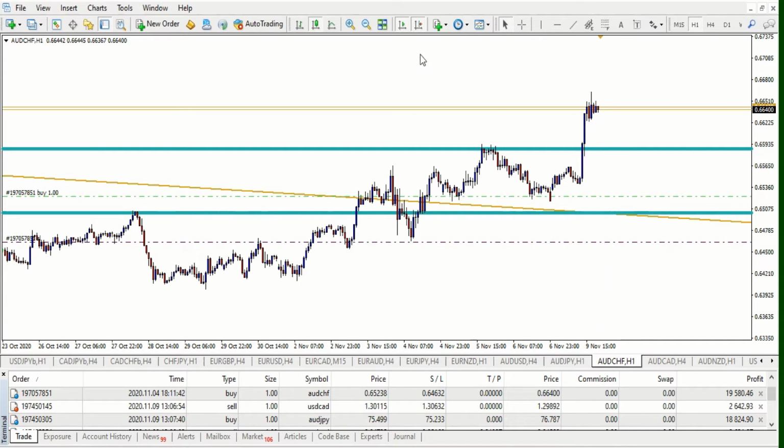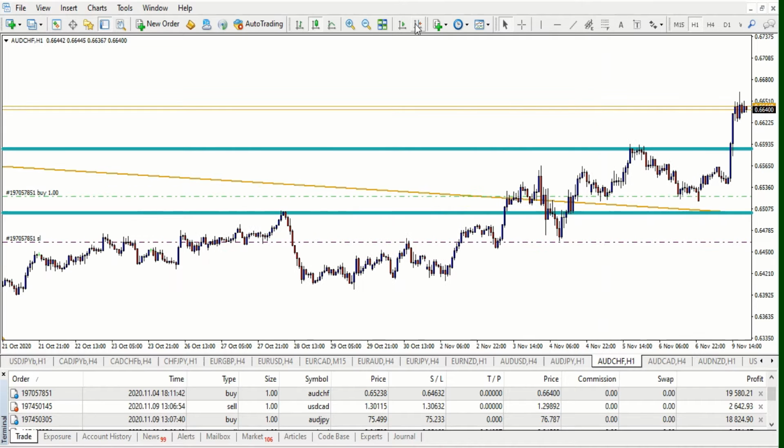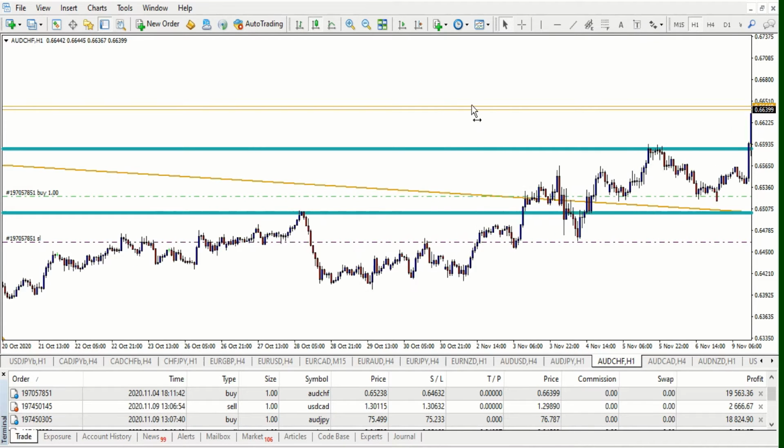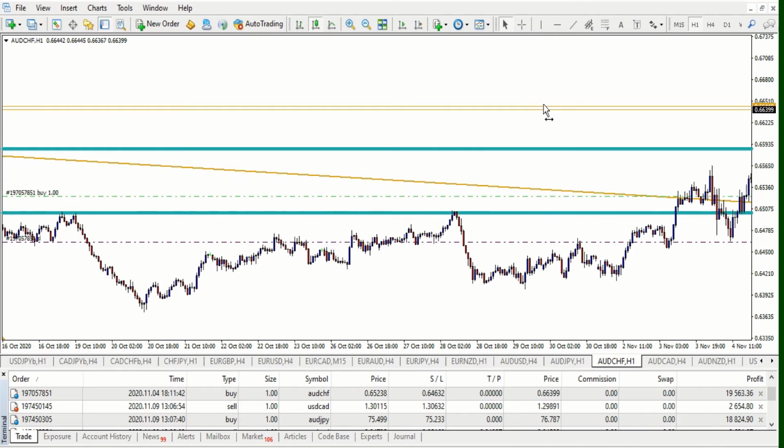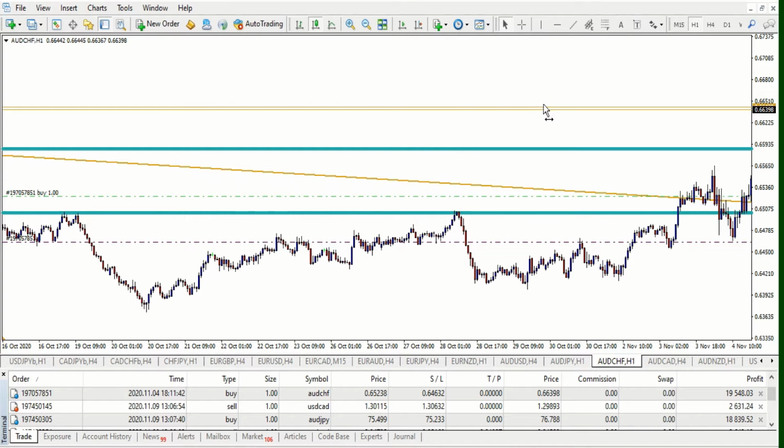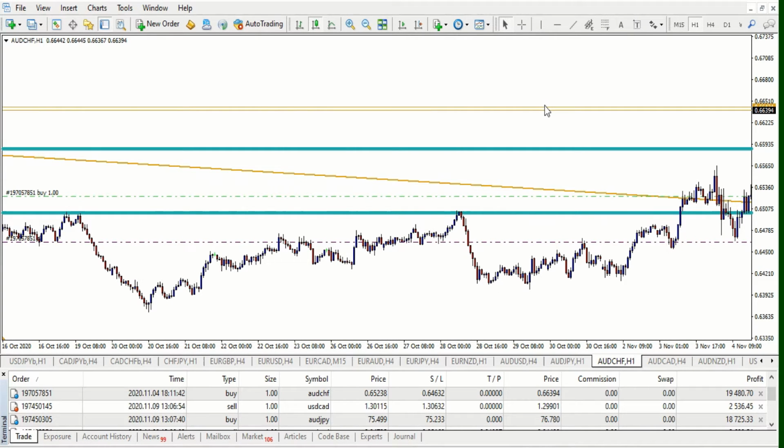So let me walk you guys through my thought process behind taking this trade. At the moment when I took the trade, the market looked something like this. The market moved up, broke through this descending channel resistance line, right?